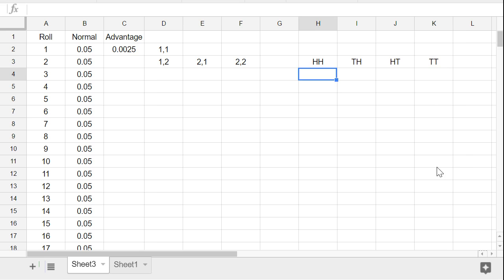Because of the way we're counting the possibilities, it has to work this way. These are the only 4 possibilities. You don't count heads-heads twice, despite the fact that these 2 are reverses of each other.